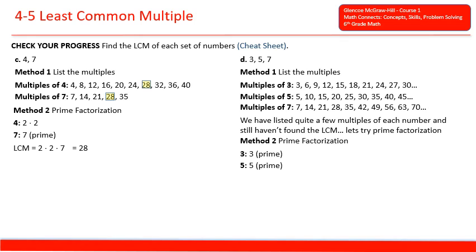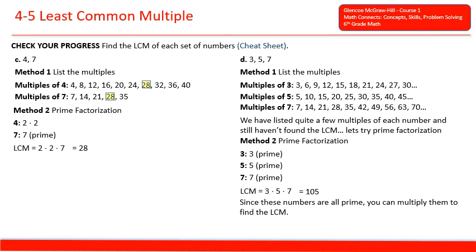And 5 is a prime number. And 7 is a prime number. So our least common multiple is going to be 3 times 5 times 7, which is going to be 105. So we would have had to extend those lists of multiples out to 105 in order to find the least common multiple of those three numbers, 3, 5, and 7.